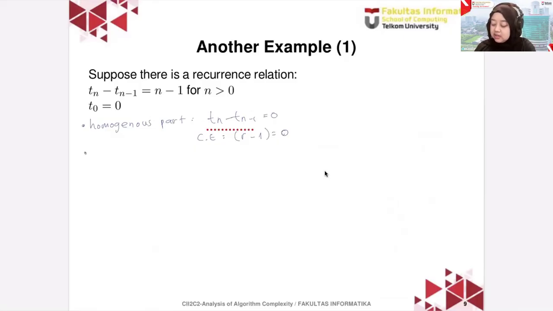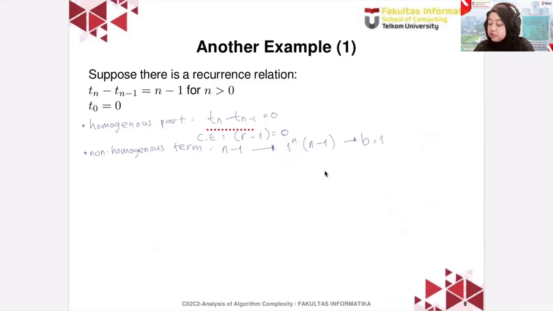And then the non-homogeneous term we have is n minus 1. So it is 1 to the n times n minus 1, such that we have b equals 1 from here.